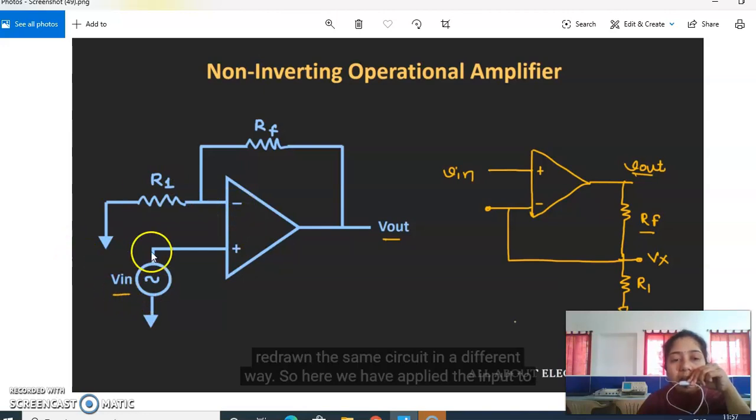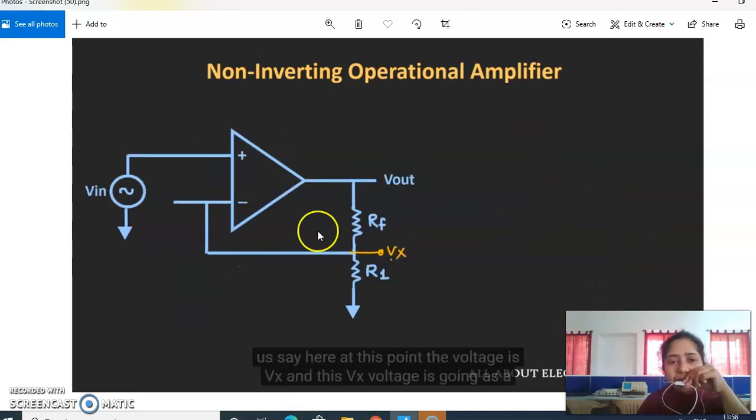Some fraction of the output is connected to the negative terminal of the op-amp through the feedback resistor RF, and the other terminal of the input resistance R1 is connected to ground, while the first terminal of R1 is connected to the negative terminal of the op-amp. So I draw the circuit again in a flexible manner, and here we apply the virtual ground concept.